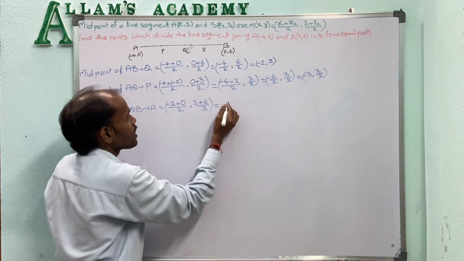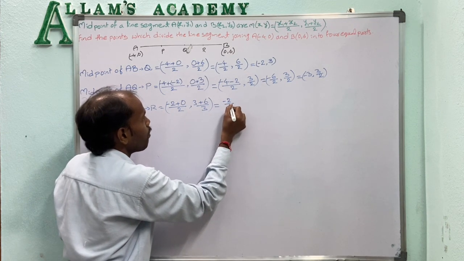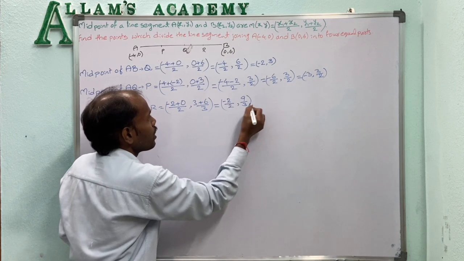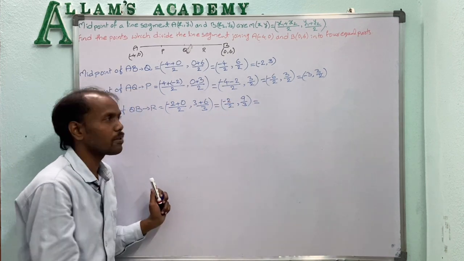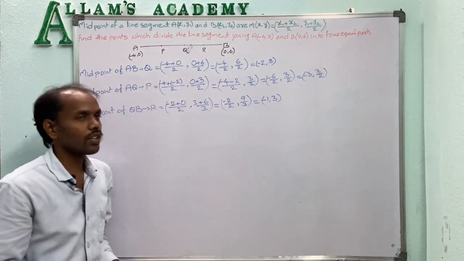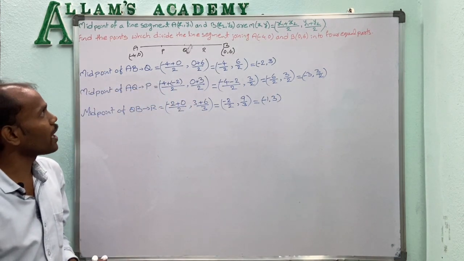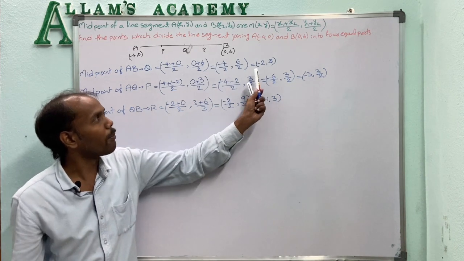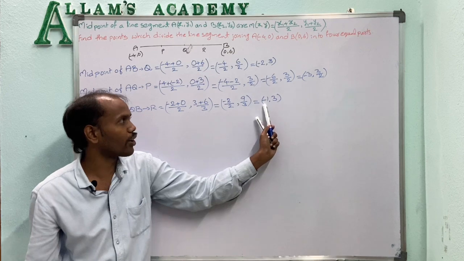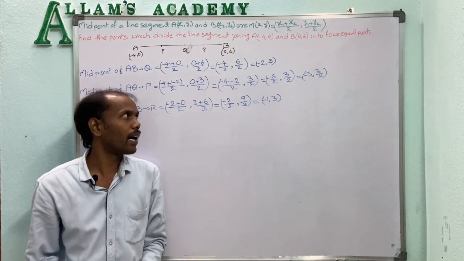Now minus 2 plus 0 is minus 2 by 2. 3 plus 6 is 9 by 2. Minus 2 by 2 is minus 1. 9 by 2 is 9 by 2. So the 4 equal parts dividing points are minus 2 comma 3, minus 3 comma 3 by 2, and minus 1 comma 9 by 2.